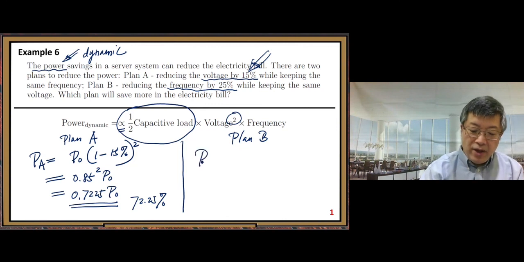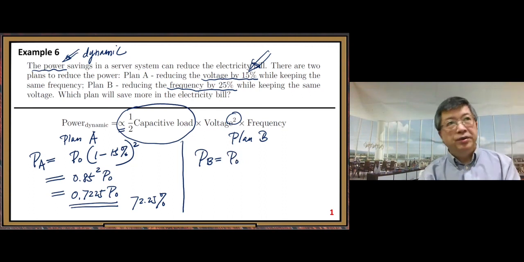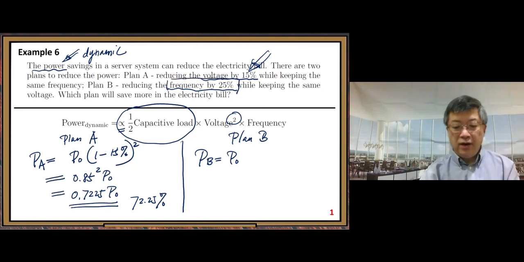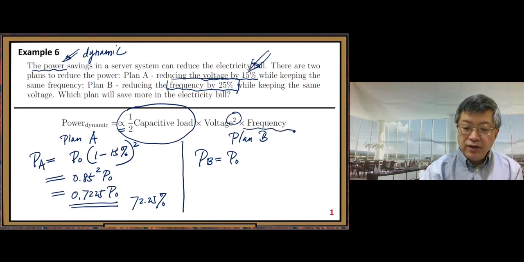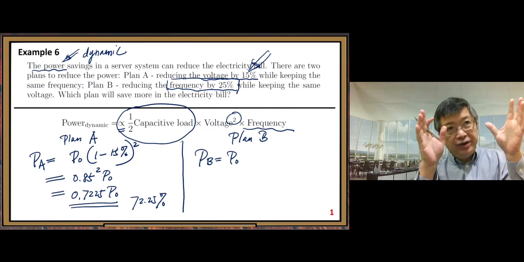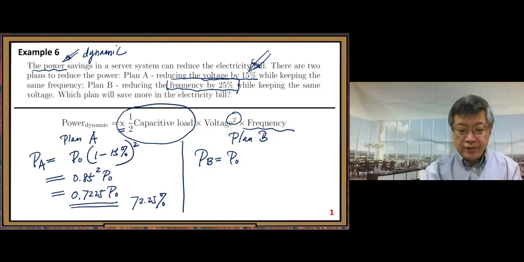For plan B, PB, from that original dynamic power, but this time we do the change at the frequency part. But the frequency, there is no square, right? So we only need to use the factor once, not twice.